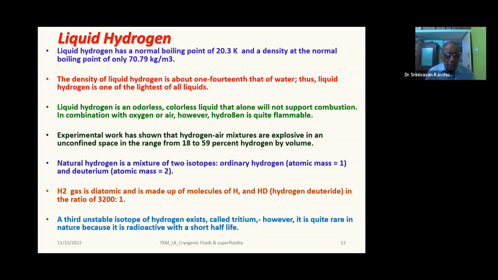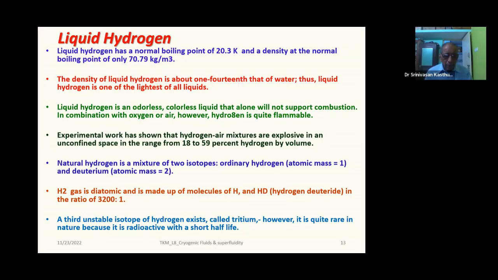It's only 70.79 kg per meter cube, or approximately 0.07 grams per cc. So this is a very small quantity, 70 milligrams per cc. The density of liquid hydrogen is almost 1/14th of that of water. So liquid hydrogen is one of the lightest of all liquids.